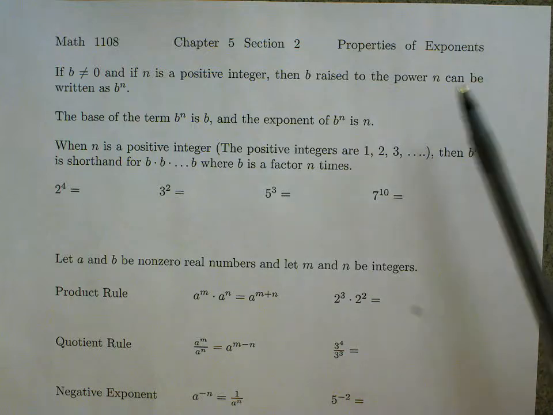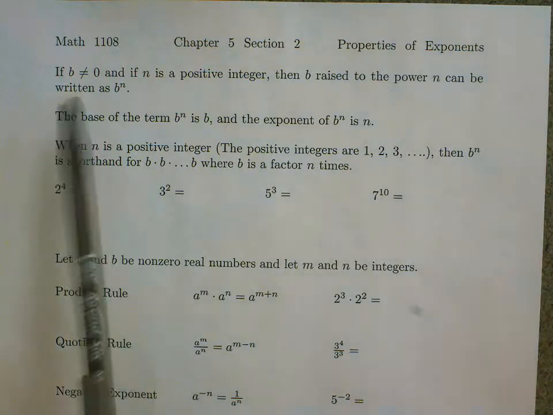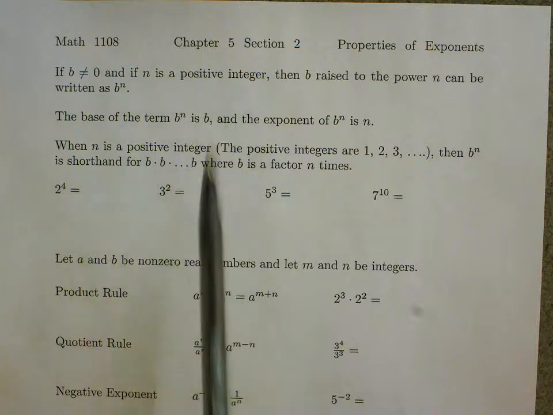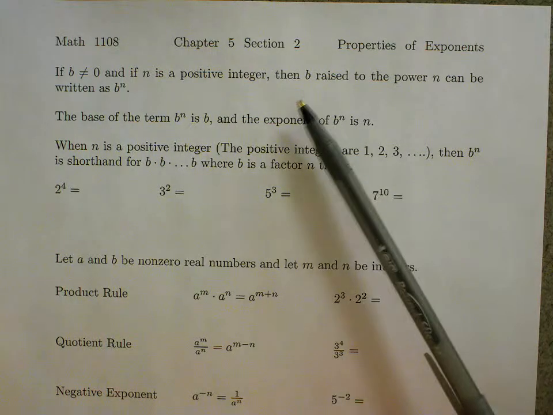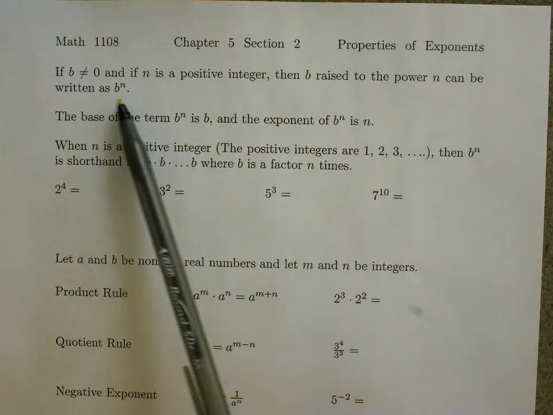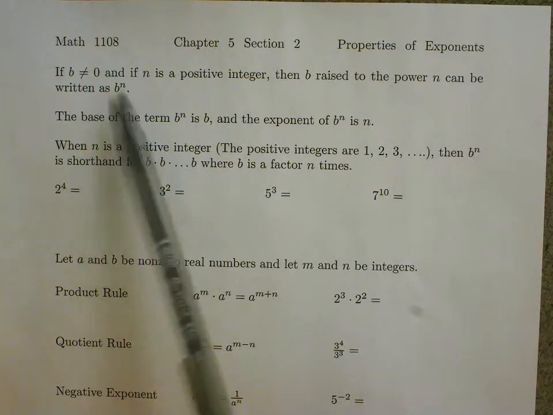Properties of exponents. If b does not equal 0 and if n is a positive integer, then b raised to the power n can be written as b with the exponent n.